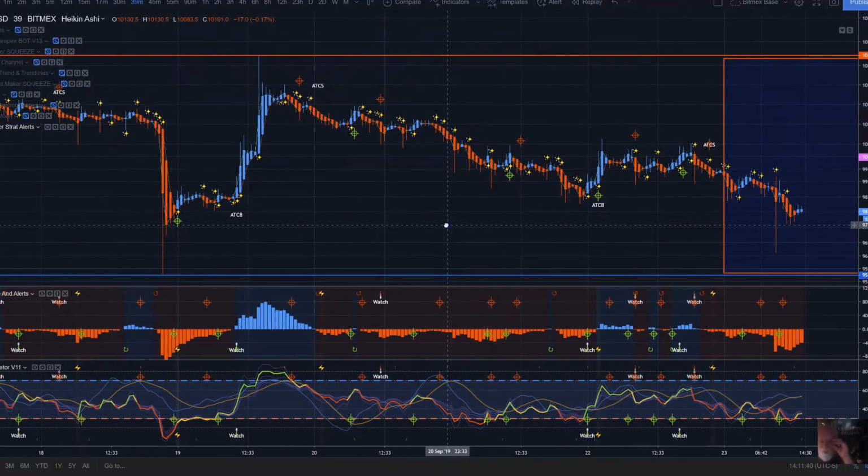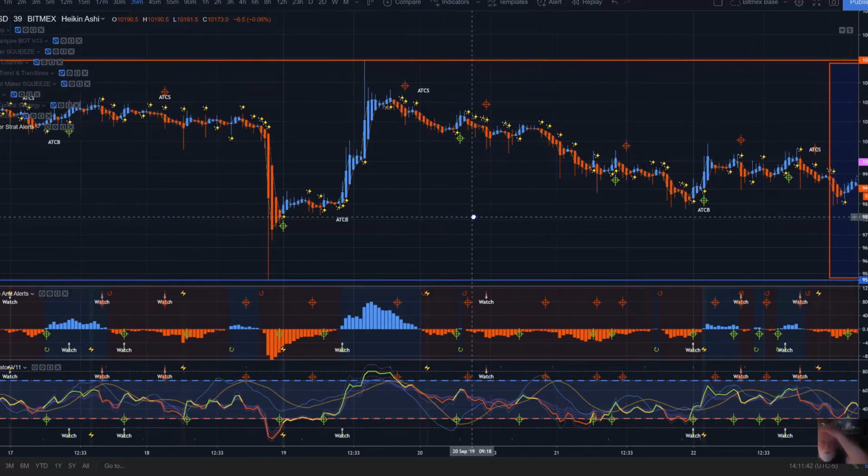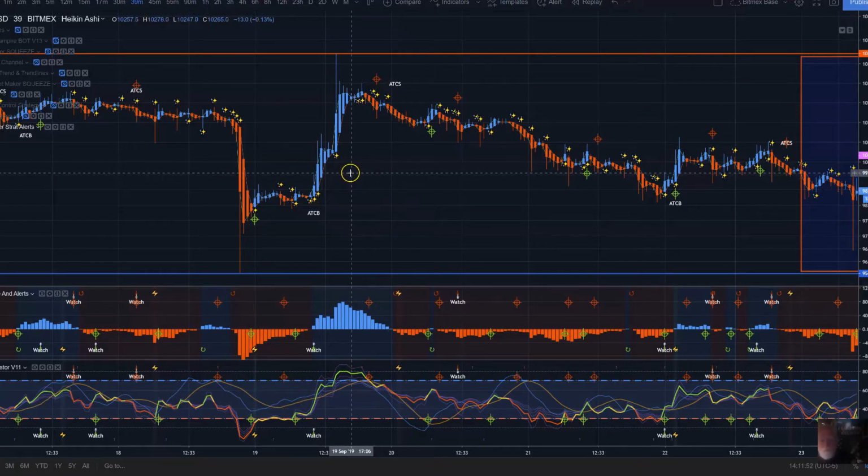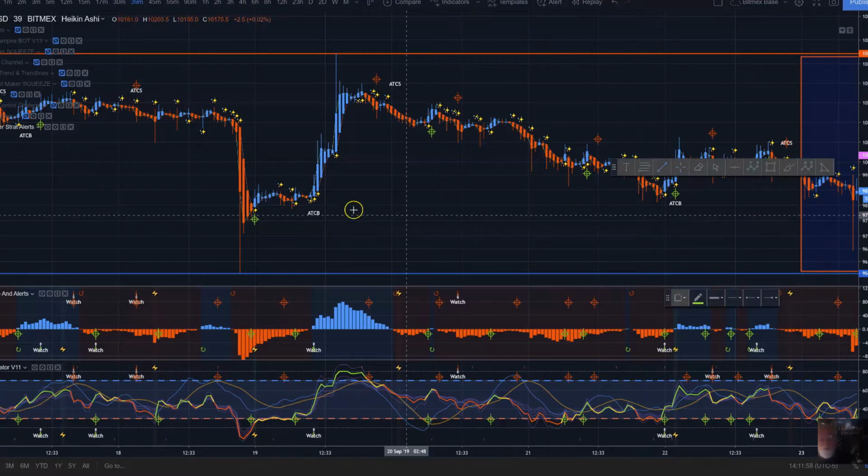Now, I know there's some of you in here that have no idea what I'm talking about when I talk about a trend. A trend is a wave between a buy and a sell. The easiest way to explain it is this. We got a long signal here. Now we got a short signal here.